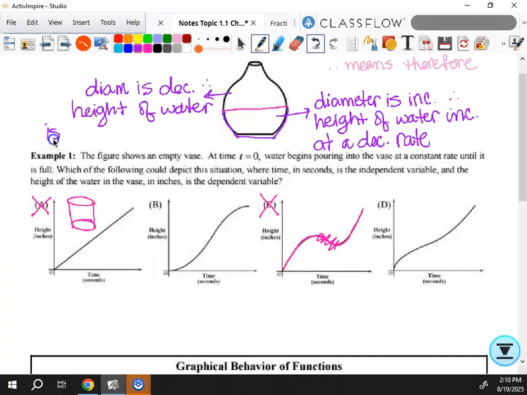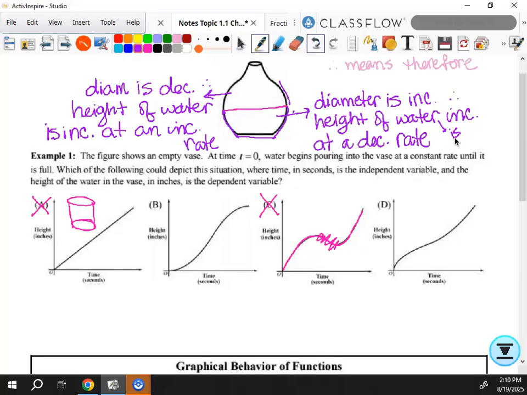I should have said is increasing at, are things speeding up or slowing down? Speeding up. At an increasing rate. So my function is increasing for this part at a decreasing rate, and for that part, an increasing rate. And it should say height of water is increasing. Sometimes I leave words out, your sentences don't have to be perfect, but they should at least make sense.